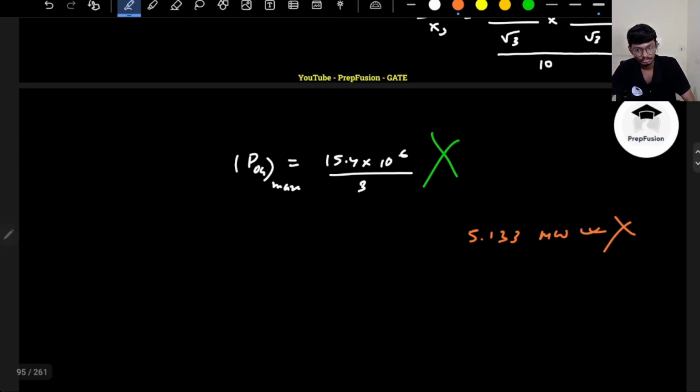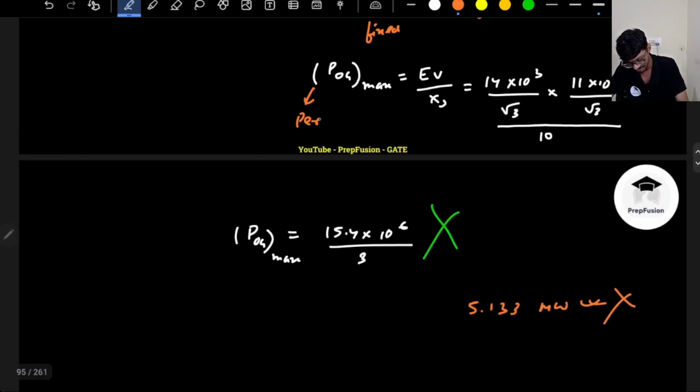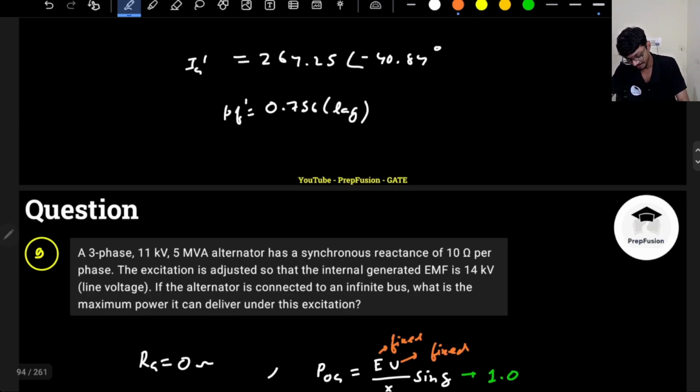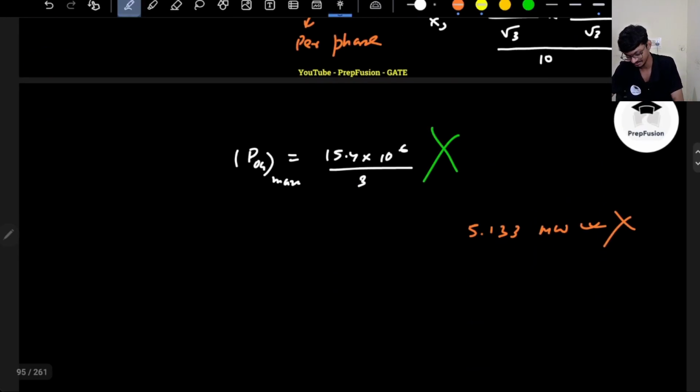Why will this be wrong? I told you, this is the per phase power. If they're asking for power in a three phase system, obviously they're asking me for the three phase power, right? So the three phase power, P max, will be 3 times this.